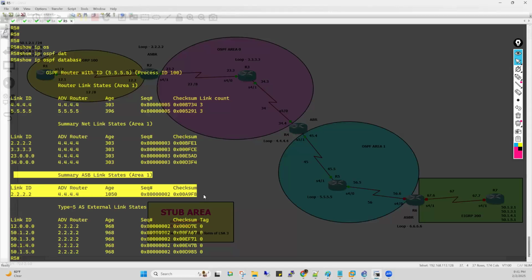R5 receives the LSA number 4 from the ABR router. By the help of this LSA number 4, R5 now gets to know who is the ASBR in my network. The answer is 2.2.2.2 is the ASBR in my network. Is this clear, everyone? Yes or no?